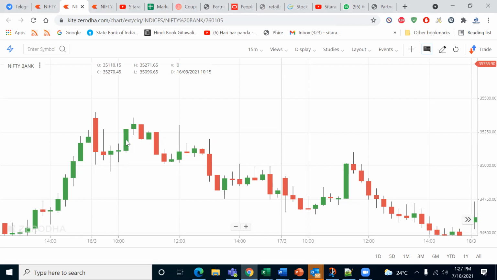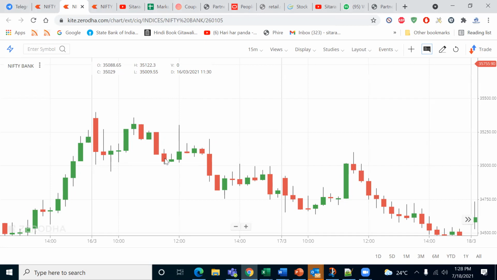Since it is a significant reversal, the strategy expects the market to go up, as this was a false fall, or to remain range bound from here. But what happened after that? After making 35,356 again, the market started falling again and made a low of 35,009.